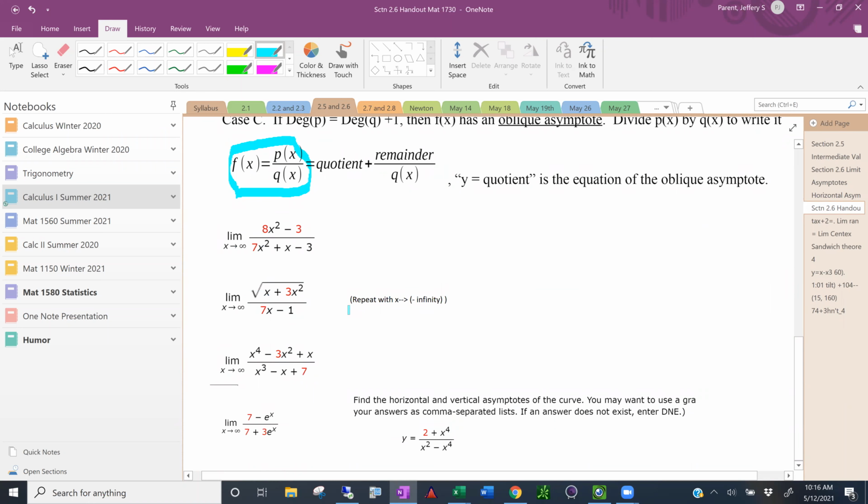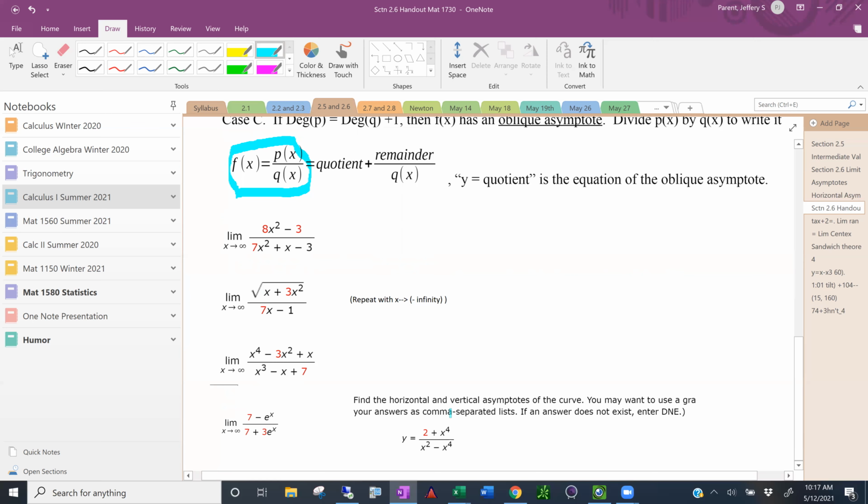And I guess I'll just keep on numbering. I'll call this example G. The limit as X approaches infinity of 8x squared minus 3 over 7x squared plus x minus 3.